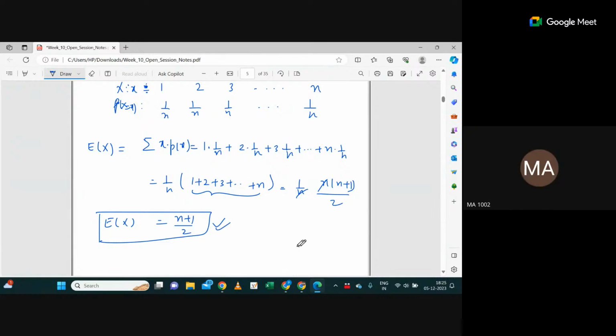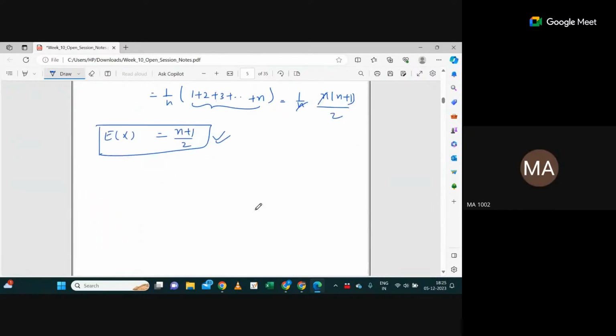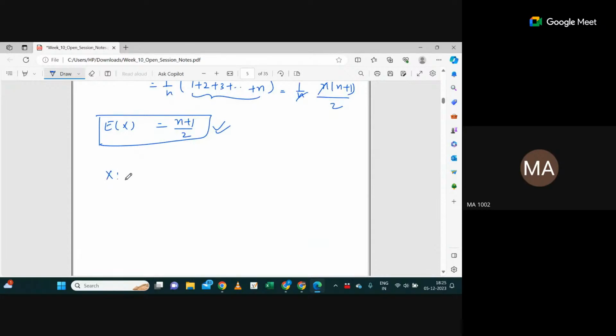Yeah, it can be anything. Suppose you are going to roll a die, and you can define the random variable any kind. Suppose x represents the outcome as an odd number, then it will be only 1, 3, 5, right? Yes, sir. Then in this case, can we also expect this formula to hold?